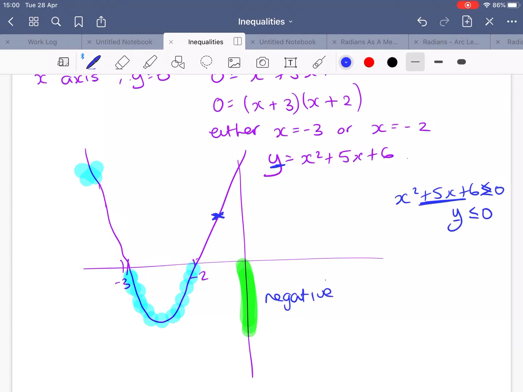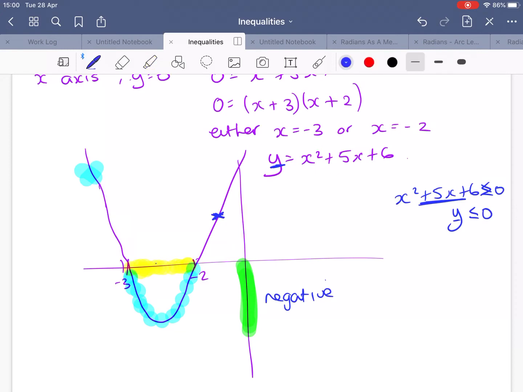So for what values of x is my y value less than 0? So I'll say that again. For which values of x do I get a y value that is less than 0? Well, it's actually any of the x values that are in between -3 and -2.